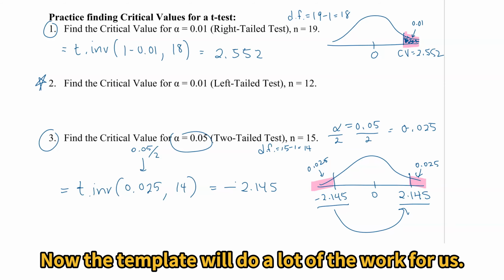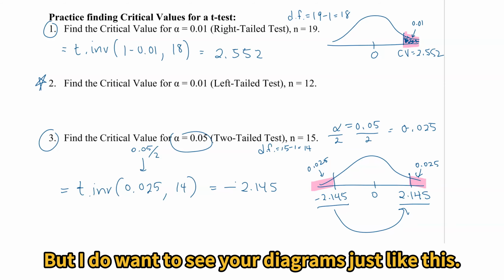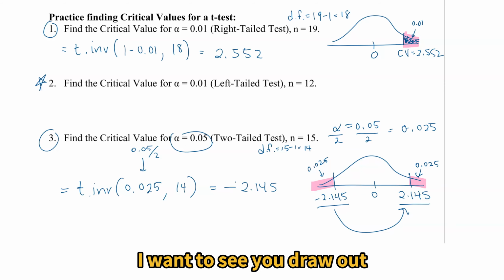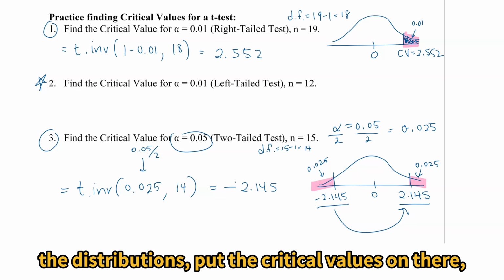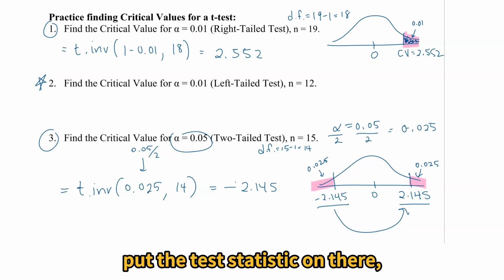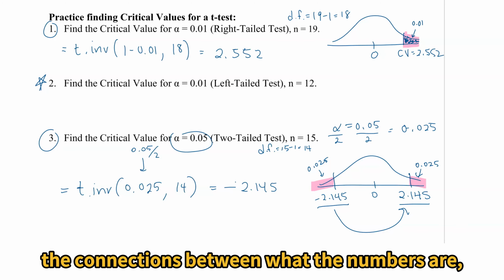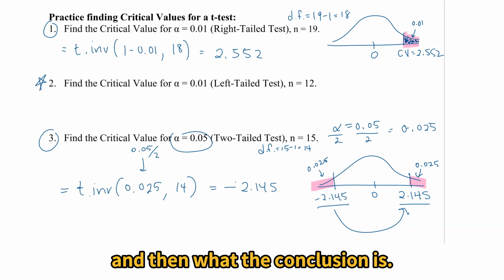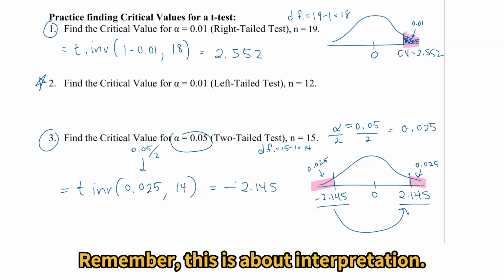Now, the template will do a lot of the work for us. But I do want to see your diagrams just like this. I want to see you draw out the distributions, put the critical values on there, put the test statistic on there so that you're understanding the connections between what the numbers are and then what the conclusion is. So remember, this is about interpretation.